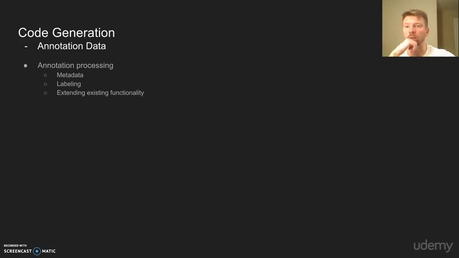So you can think of annotations as a way of labeling data in your code, and a way to extend existing functionality, adding more extra features with help of certain libraries that process annotations.